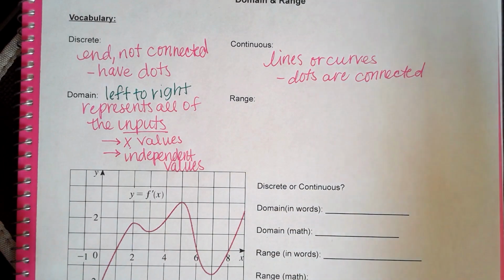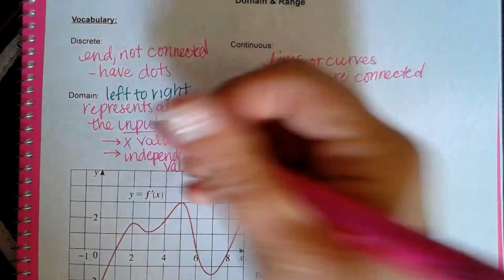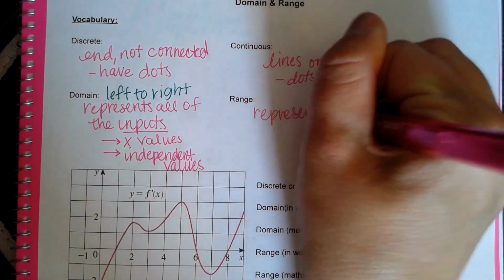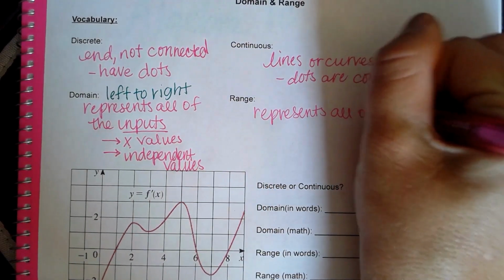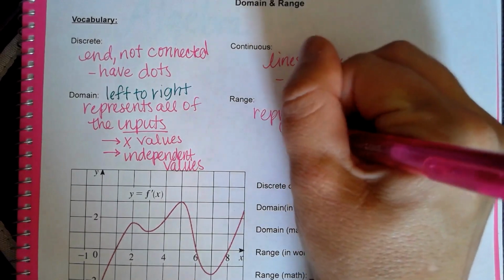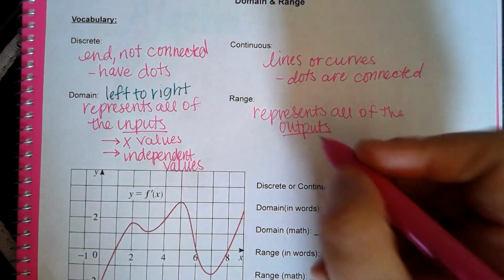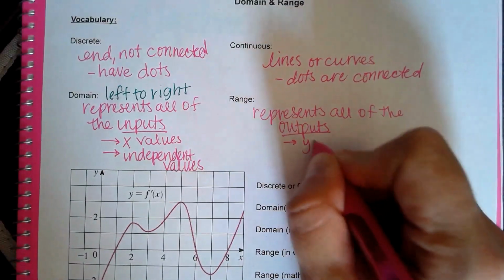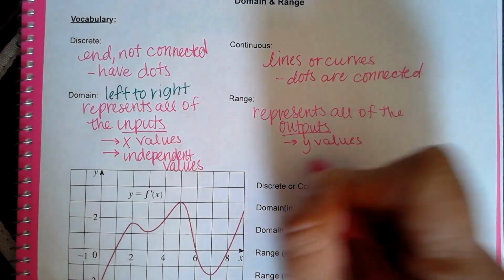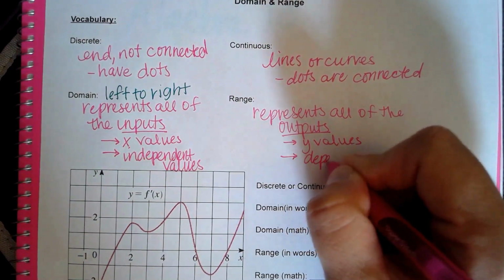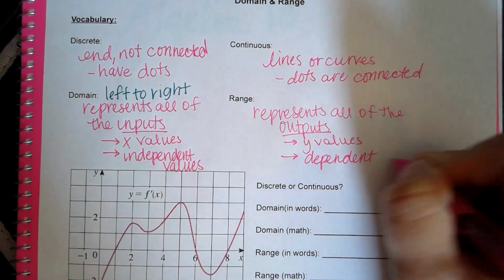Okay. The range is kind of the opposite of this. It represents all of the outputs. Okay. And the outputs are the Y values, and new word, the dependent values.